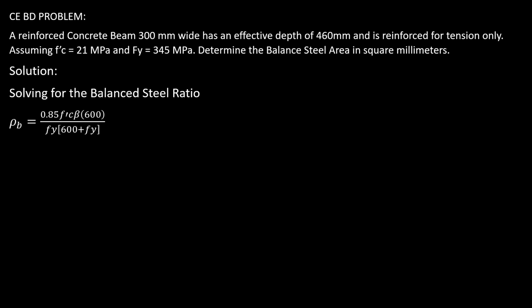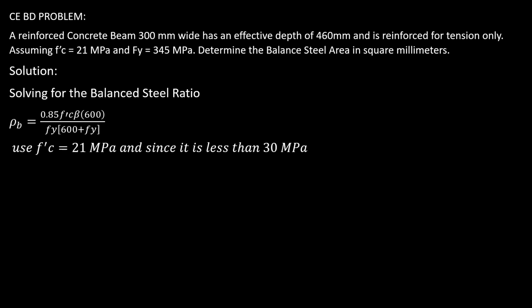In order to solve the balanced steel ratio, this is our formula. Rho B is equal to 0.85 f'c beta times 600 all over Fy times 600 plus Fy.